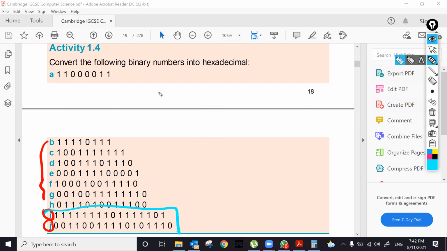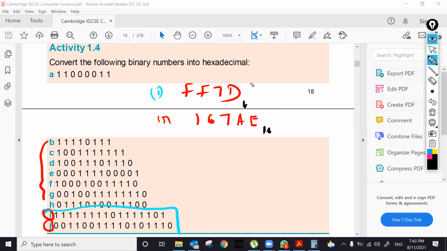Am I right? Yes. Himesh, did you get the same or different? I got the same for both. Okay, great. Then we'll check.